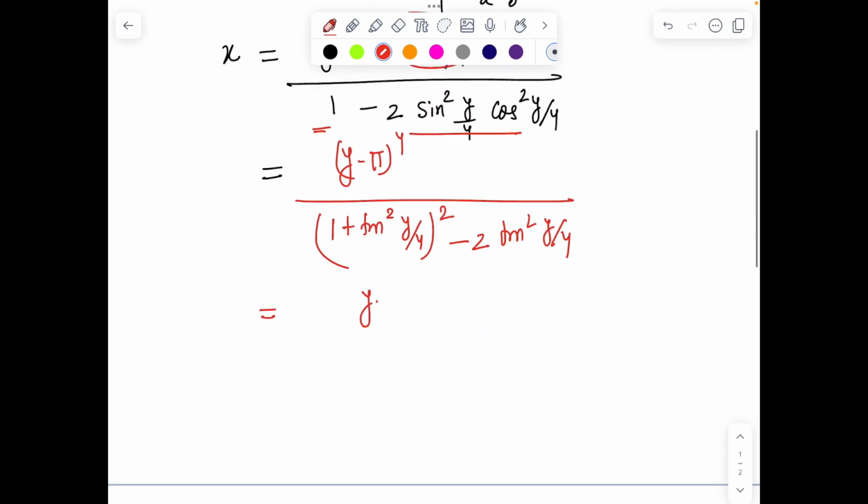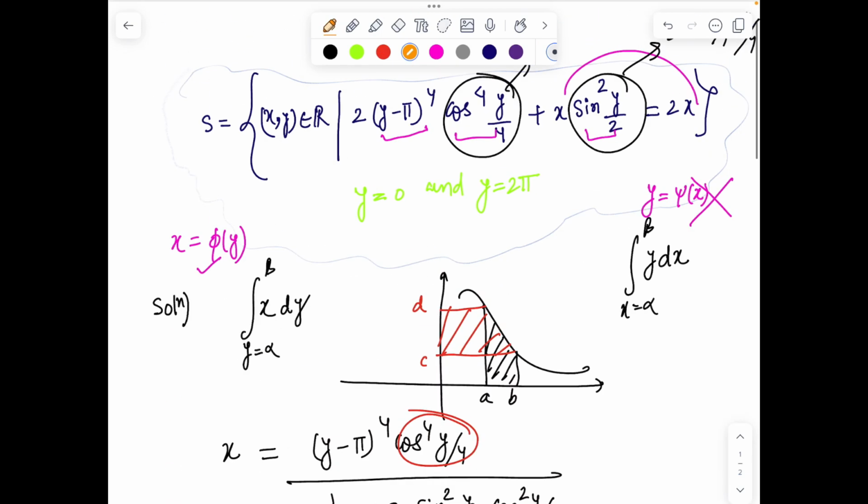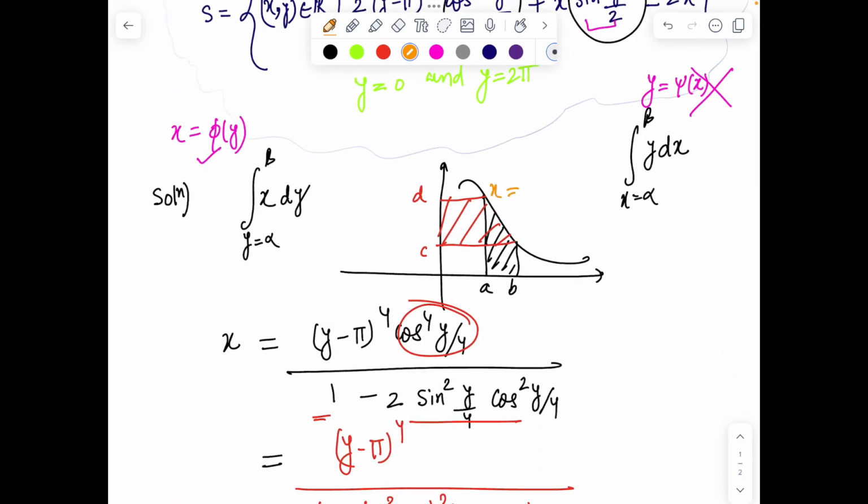Now we have a plus b whole squared minus 2ab. So this gives us y minus pi whole to the power 4 by 1 plus tan 4 y by 4.